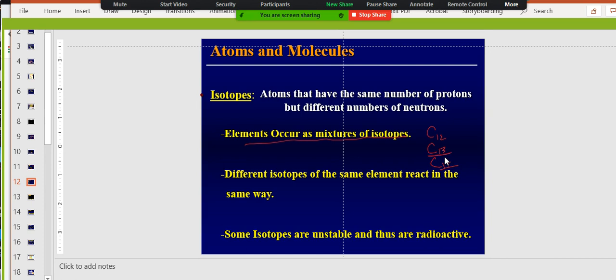And carbon makes up sugars like you find in fructose and sucrose and glucose.